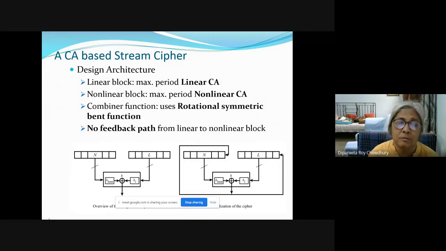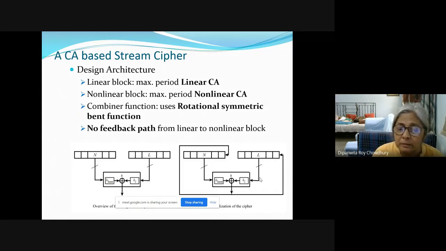So this is actually our combiner. This is the structure we have taken. This is an NFSR, a non-linear CA, then linear CA, non-linear CA, linear CA. Now see the feedback.